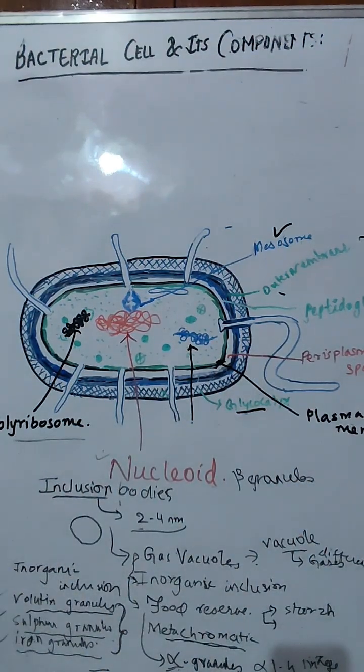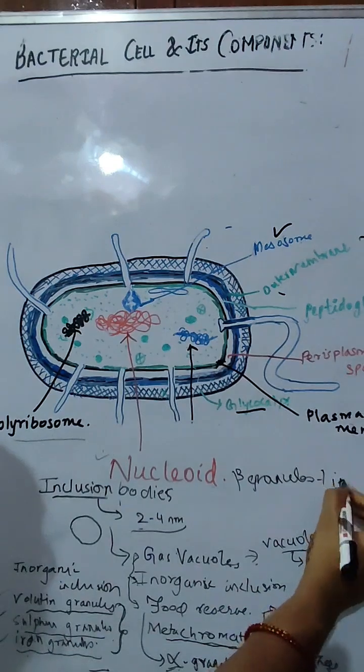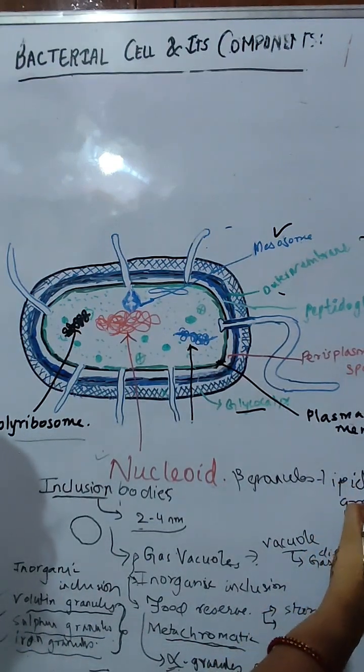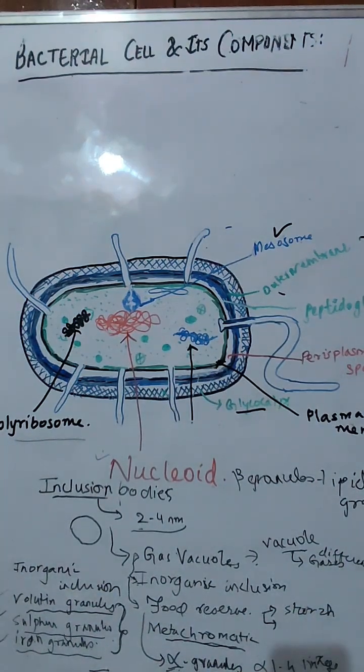Then the next is the lipid granule. Okay, the beta granule is the lipid granule, not glycogen. I said glycogen, no, it's lipid granules, or also PHB. What is PHB? Polyhydroxy butyrate.